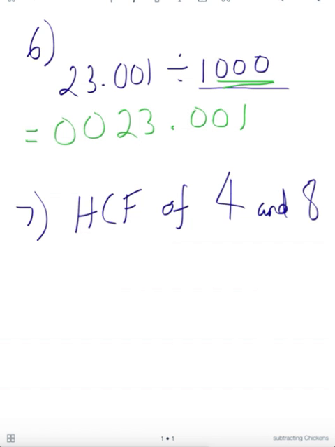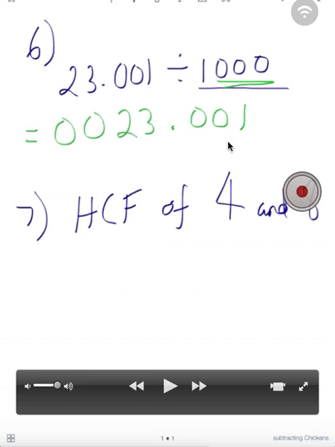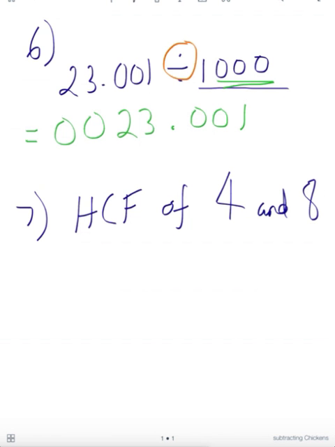And so I'm going to move my decimal to the left, so sort of backwards 3 times because we are dividing. So let's move our decimal. So move it back 3 times, 1, 2, 3. And it's gone from there. So our new number is this, 0.023001. And that's how easy it is.